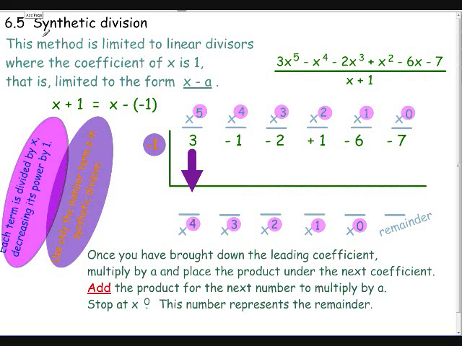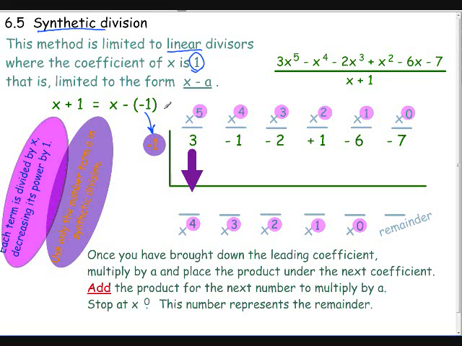This method that we're calling synthetic division is limited to linear divisors where the coefficient of x is 1. An x plus 1 is the same as x minus a negative 1. And since we have to have it in the form where it's x minus something, what we're going to use as our divisor is that negative 1.